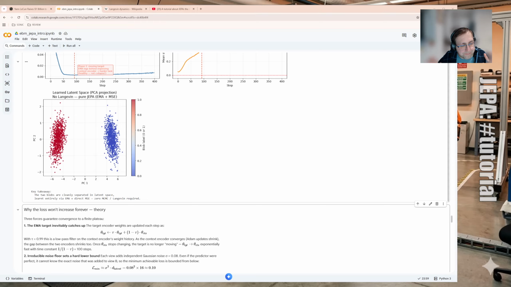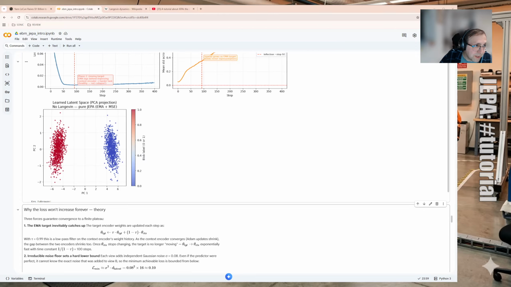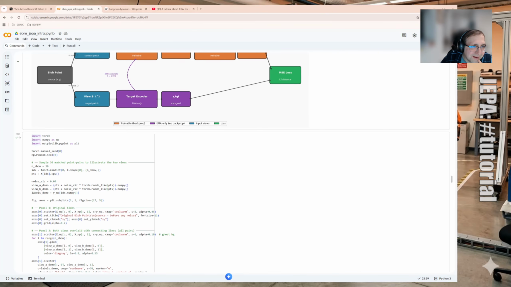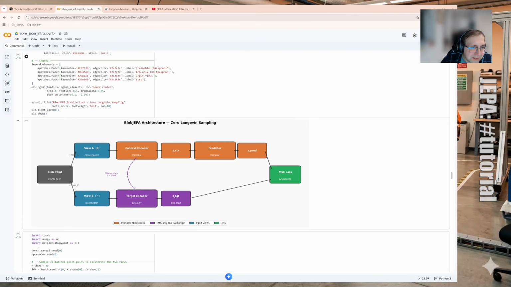So I did the principal component analysis on the latent space that was learned through the back propagation. Remember, this was not from the Langevin dynamics. This was purely made on the trainable predictor with this loss.